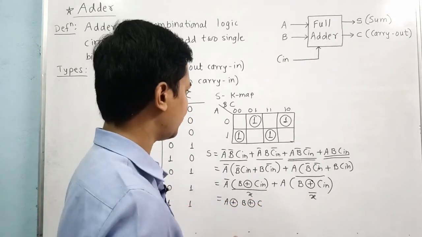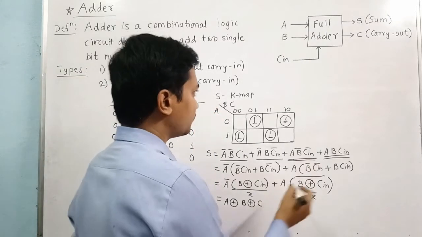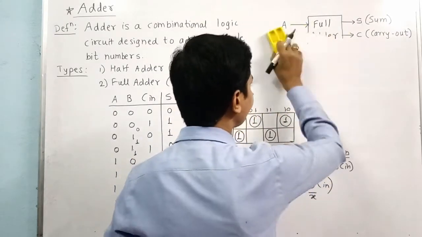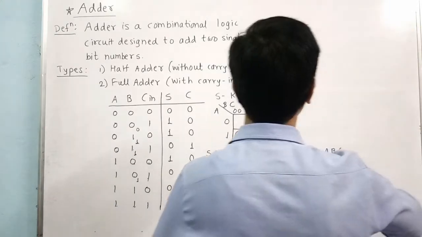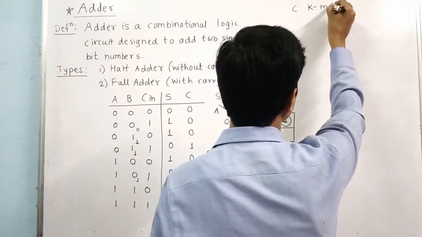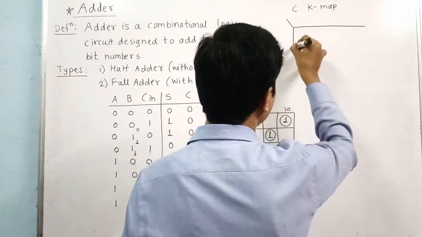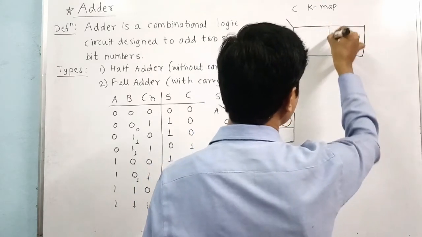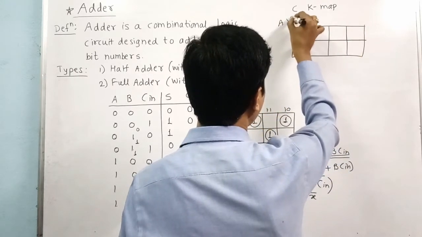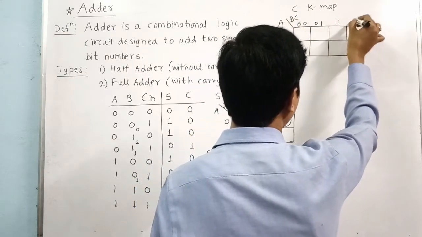Now we will draw the K map for carry out bit. I will just clear this diagram. K map for C out: A, B, C, 0, 1, 0, 0, 0, 1, 1, 1 and 1, 0.